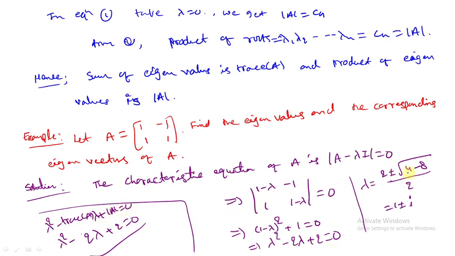Now the eigenvalues of A are 1 plus i and 1 minus i. You can set lambda 1 equal to 1 plus i and lambda 2 equal to 1 minus i. You can take either one first. Is it correct?